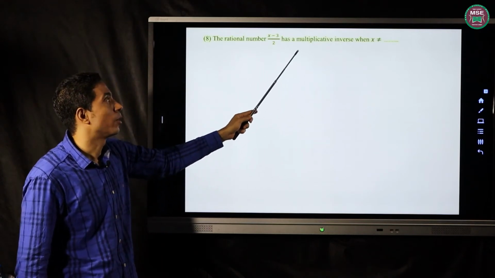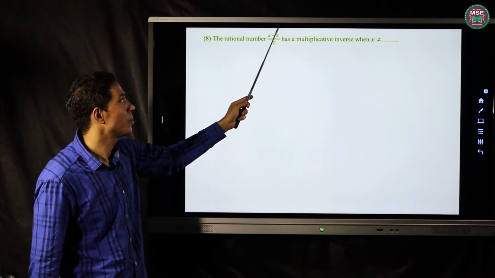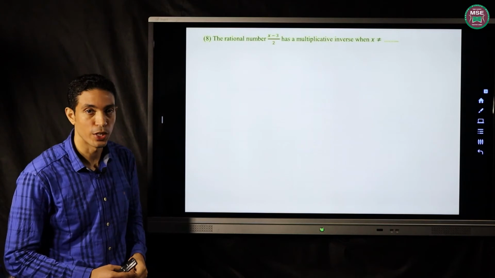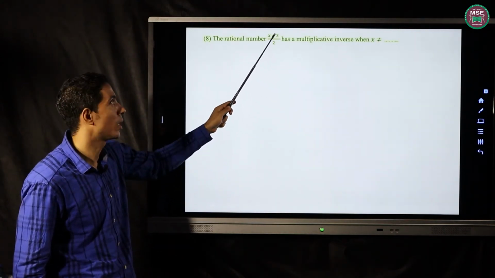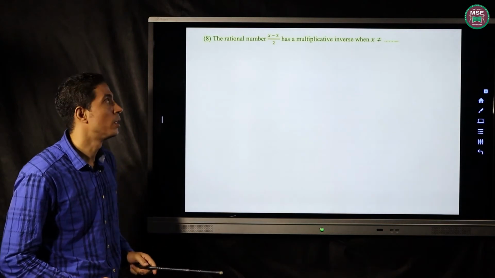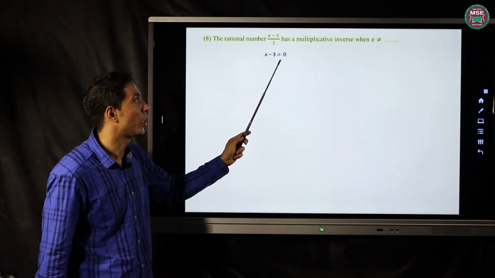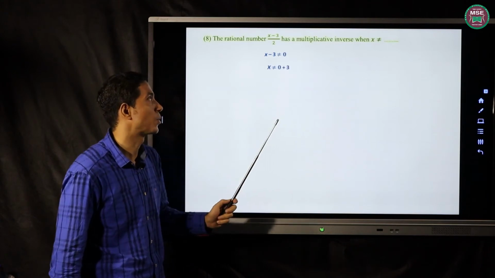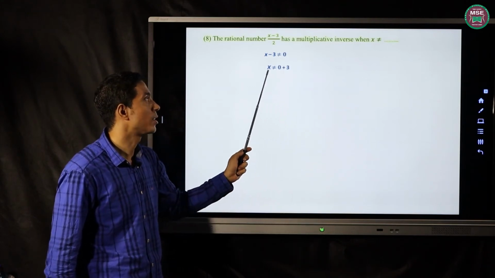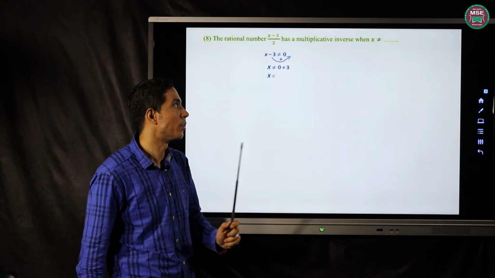This fraction has a multiplicative inverse if x minus 3 is not equal to 0, because if x minus 3 equals 0, it can't be written in the denominator. So x minus 3 must not equal 0. Negative 3 goes to the other side with a positive sign: 0 plus 3, so x must not equal 3.